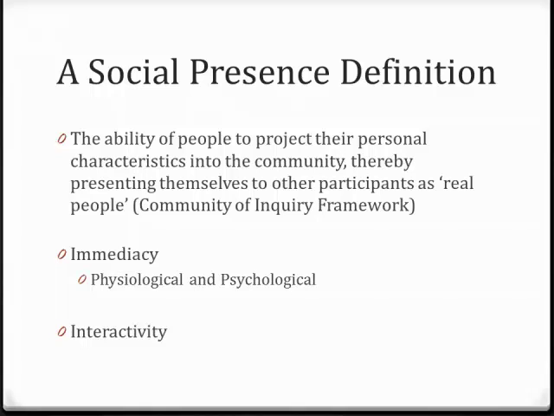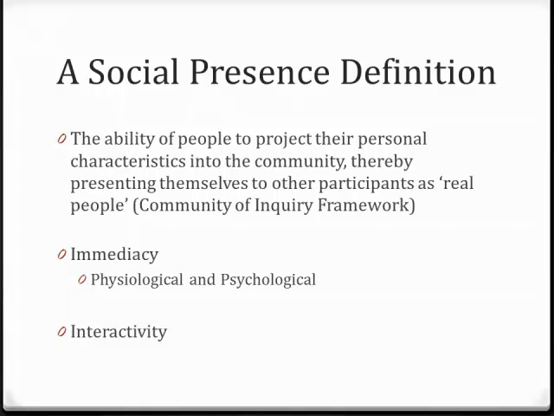Social presence has to do with two concepts, immediacy and interactivity. For immediacy, you have physiological and psychological immediacy. And physically, there's a huge amount of psychological immediacy involved. You have a lot of cues that you can see, as well as vocal inflections, and as well as what the person is saying.